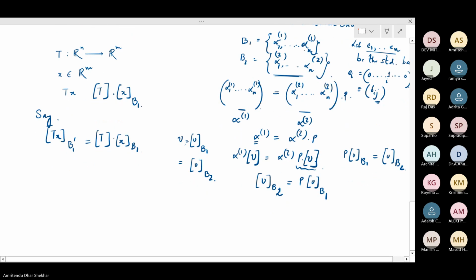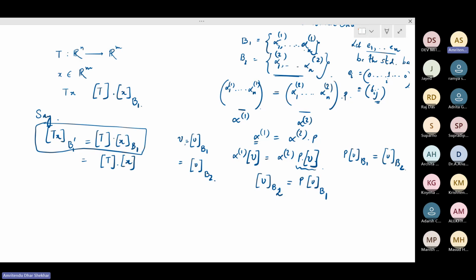Okay. So this is equal to T times x. When you write this in this particular format, you are now just dealing with matrices and coordinate vectors. You no longer have the abstract formalism of a vector; you are now just dealing with matrices.